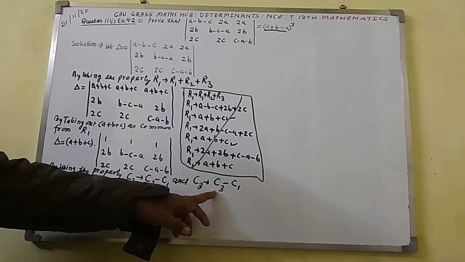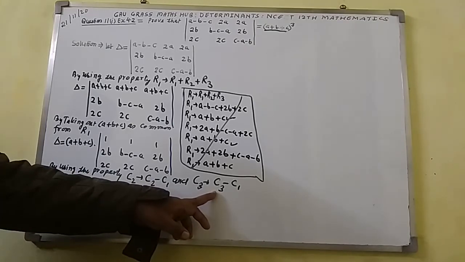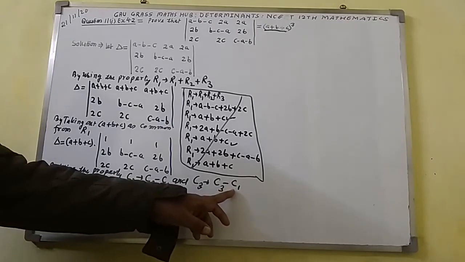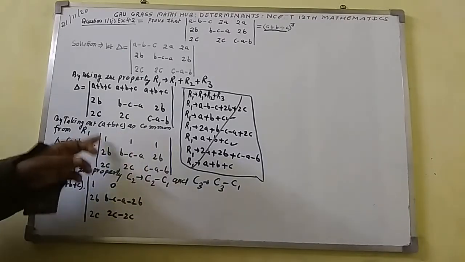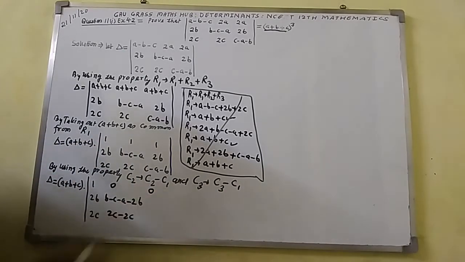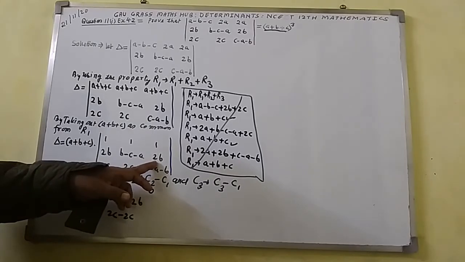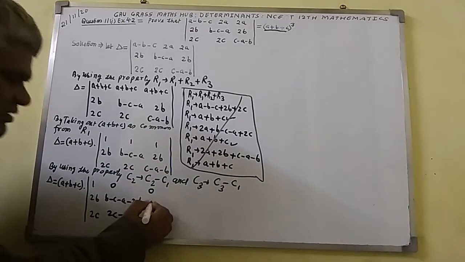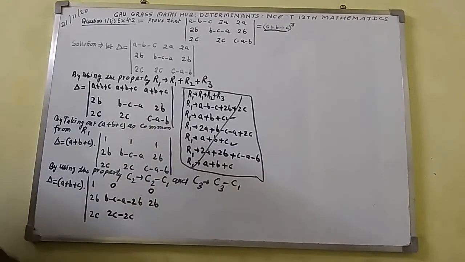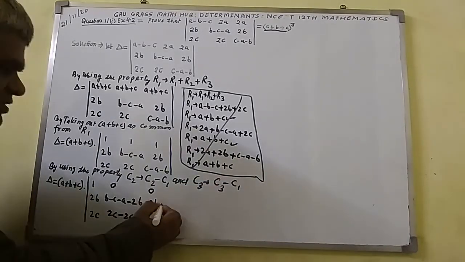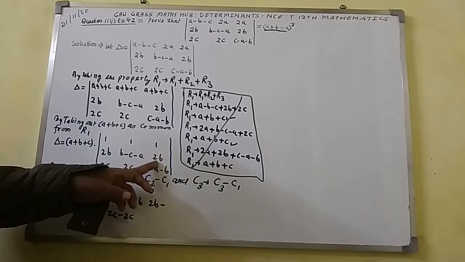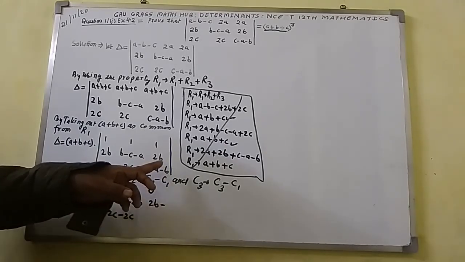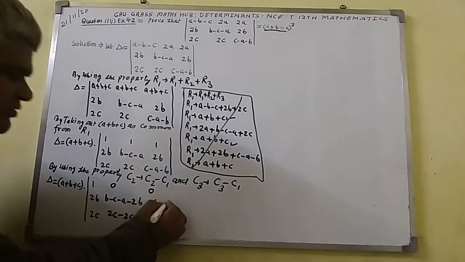The elements of C3 will come first with a minus, and thereafter the corresponding elements of the first column will get here. So here 1 minus 1 comes out to 0. And here the element of C3, 2b, right here 2b, minus is there, right here minus. The corresponding element of 2b in the first column is 2b, right here 2b.